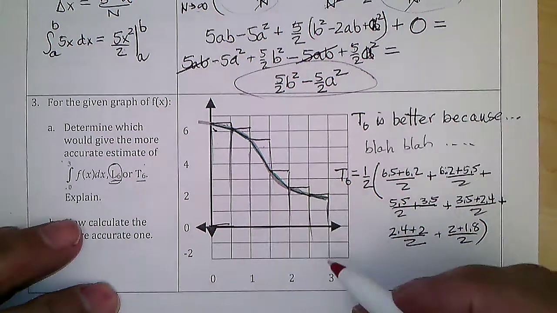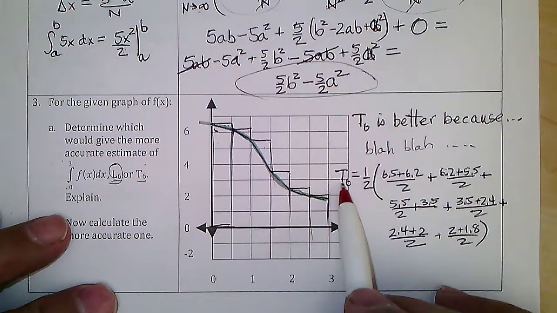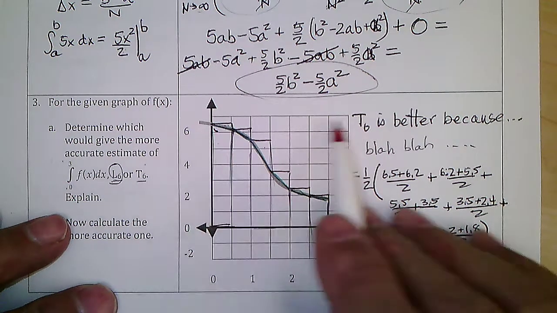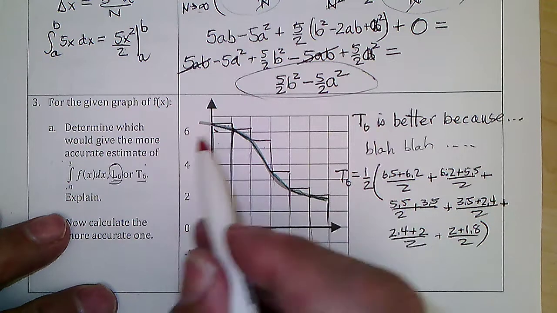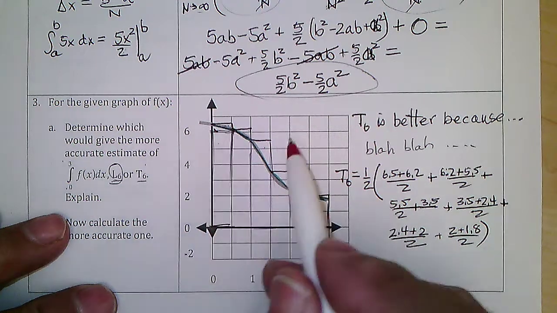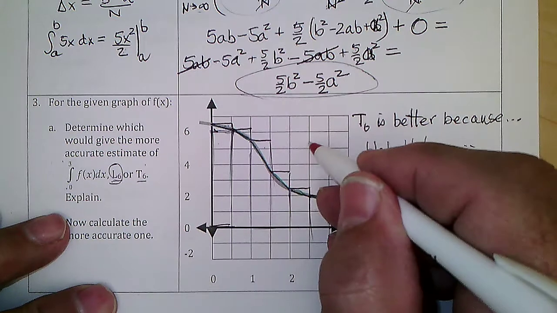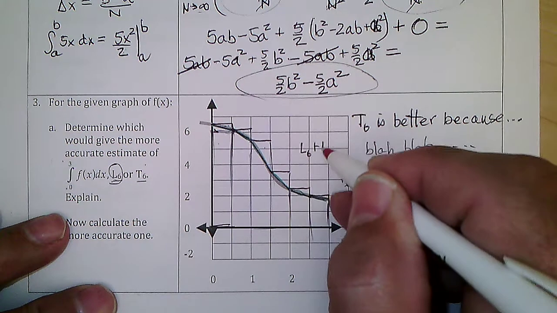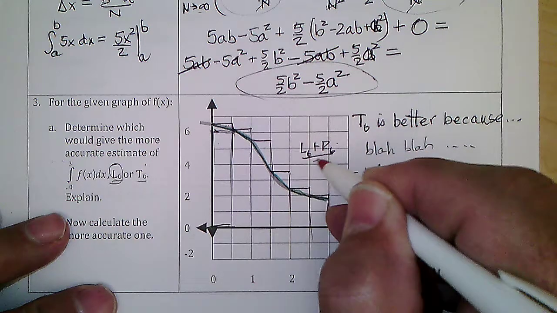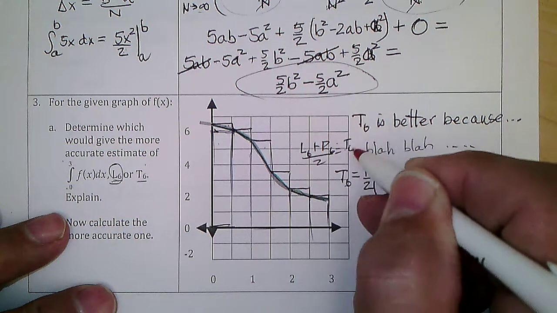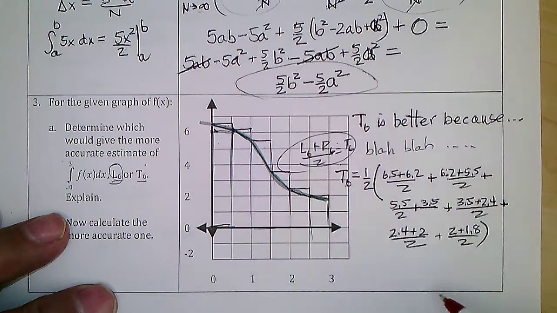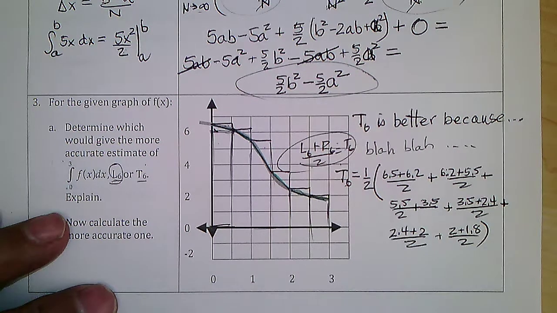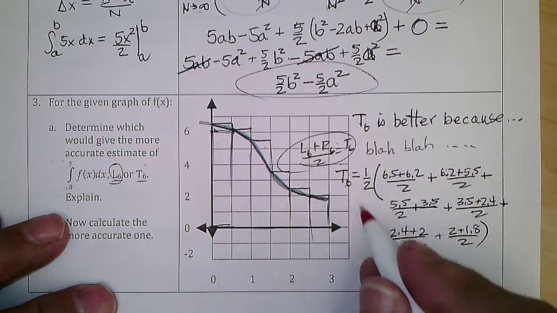It's a lot easier if you realize that, another way to describe this, L6 would be an overestimate, R6 would be an underestimate, and T6 is an average of L6 and R6. L6 plus R6 divided by 2 is T6, and so that might be another reason why you'd say it's a better estimate. But anyway, you could do L6 and R6, but that's still more complicated than it needs to be.